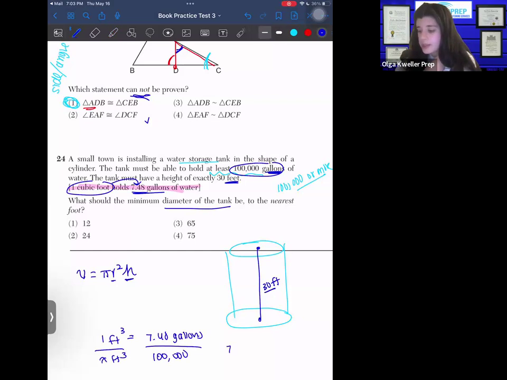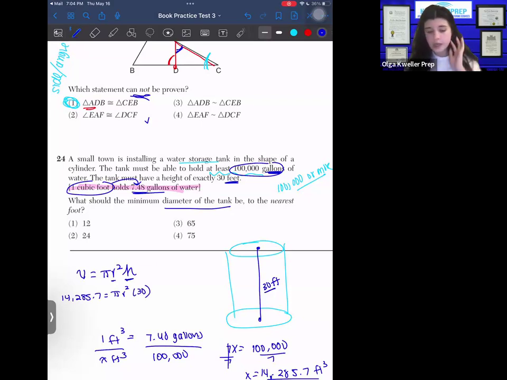And we solve, we get 7.48x equals 100,000. We use our calculator, we divide both sides by 7.48. 100,000 divided by 7.48. So x is 14,285.7 feet cubed. That's our new volume, right? So now we can plug that into volume. 14,285.7 is equal to pi, radius is what I'm solving for, and height I know is 30, right?